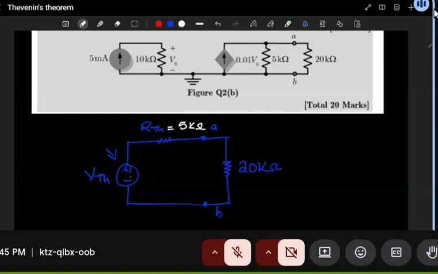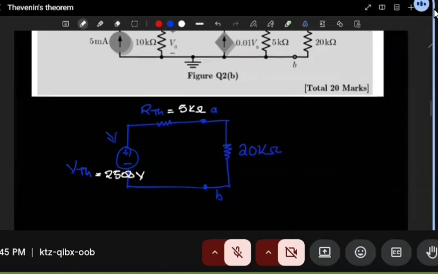For V Thevenin, we have found 2500 volts, or you can write it as 2.5 kilovolts. That is also fine. So this becomes the Thevenin's equivalent circuit.